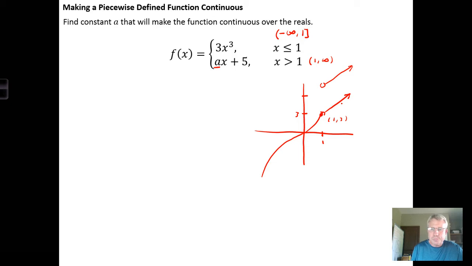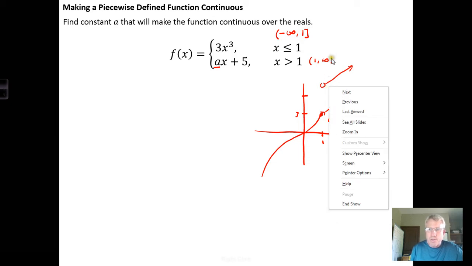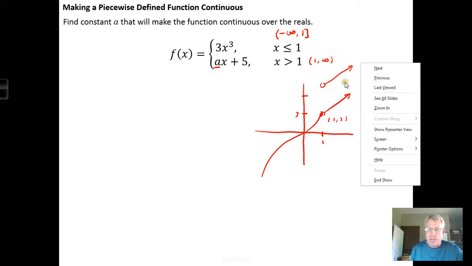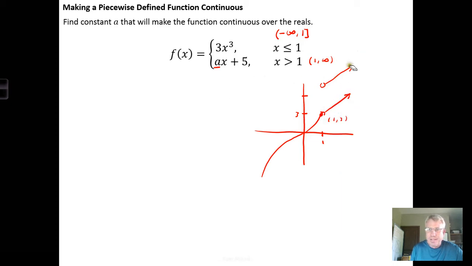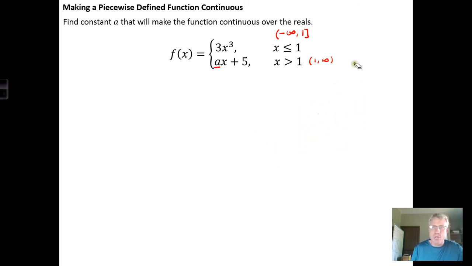So the way that you do it is you want to recognize that they need to share the same output at the boundary. So even though this function doesn't get to receive an input of 1, we want it to generate the same output when we input 1 as this one generates when we input 1.